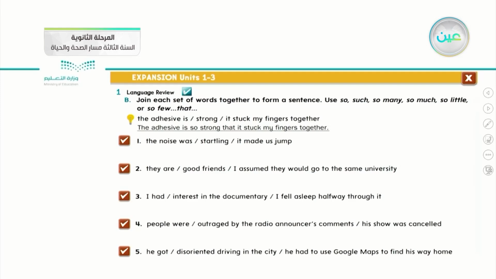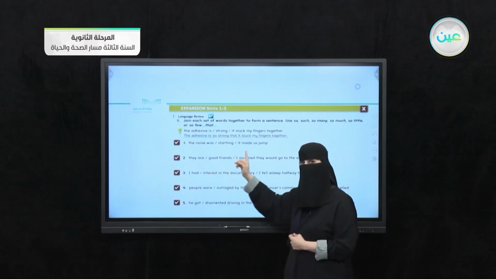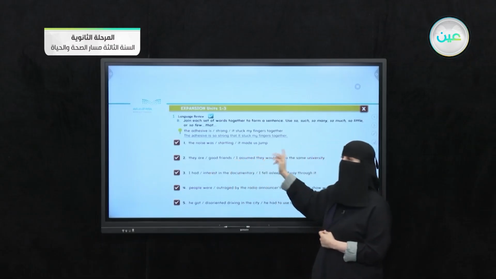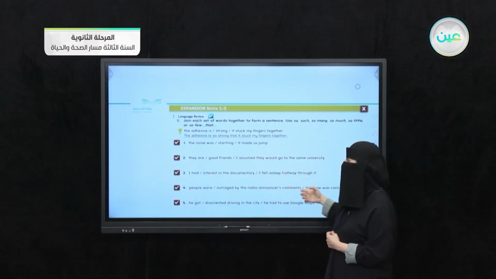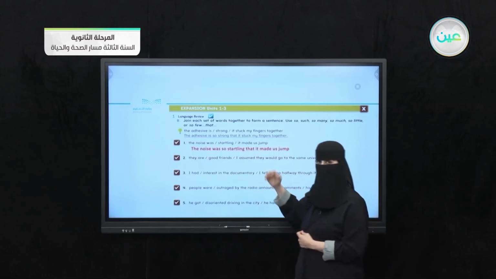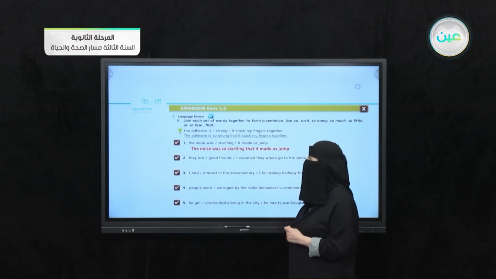They give you: the noise was startling, it made us jump. So what is the cause of this sentence? The cause is the noise. And what is the effect of it? Made us jump. How can I use this expression to join that and make one meaningful sentence?